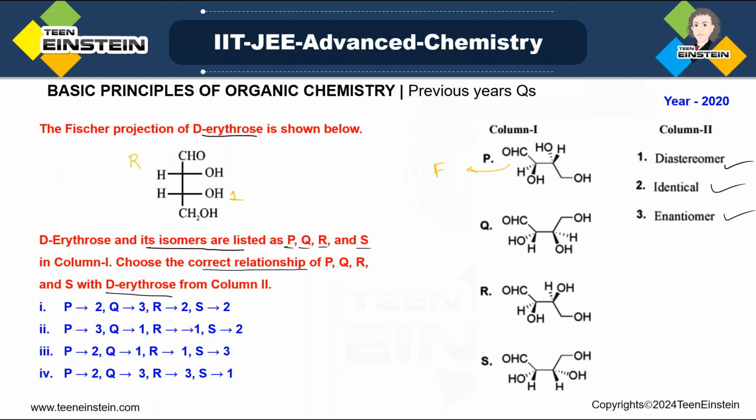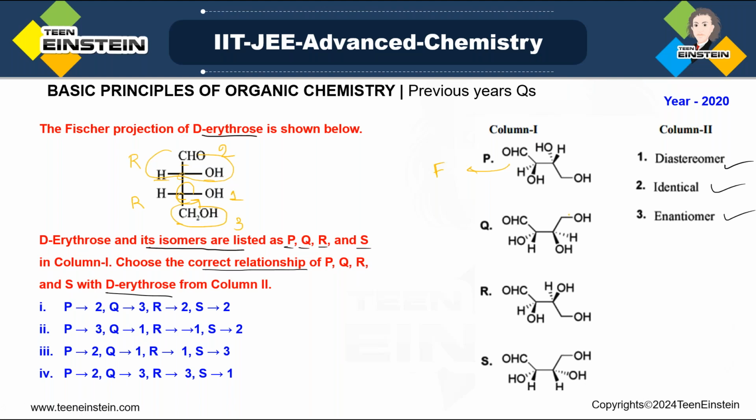Now this will be 1, this total group will be 2, because with this chiral center, the next carbon is attached to HCO, but this carbon is attached to 2 hydrogens and 1 oxygen. So that is why it is winning over this group. So 1 to 2 to 3, if you are moving anti-clockwise again, that means this is also R. So now we know the given molecule D-erythrose has the RR configuration.